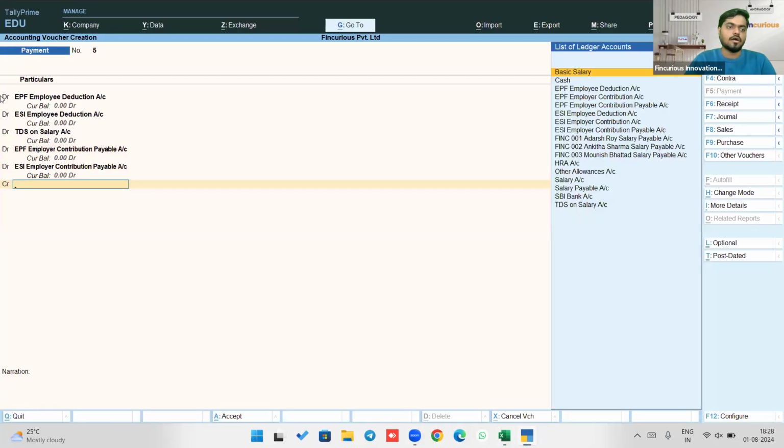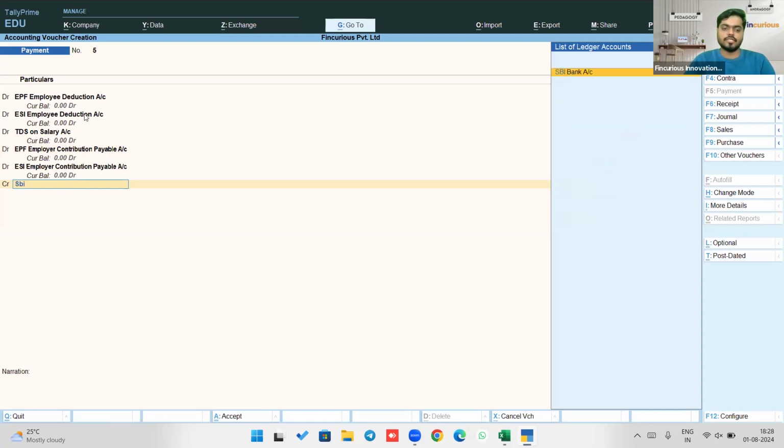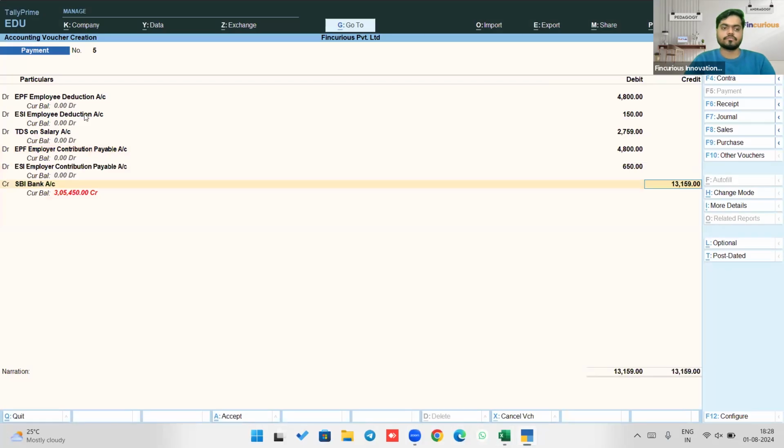So now you can see all the liabilities which have been credited before, now I am debiting them back. So all the current balances of the liabilities would become zero. Now I credit the SBI bank 13159.